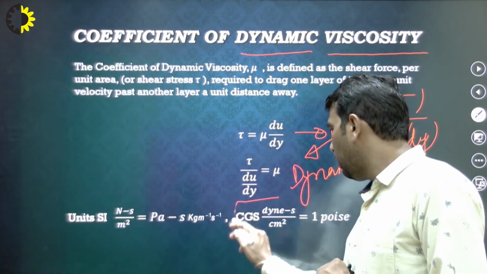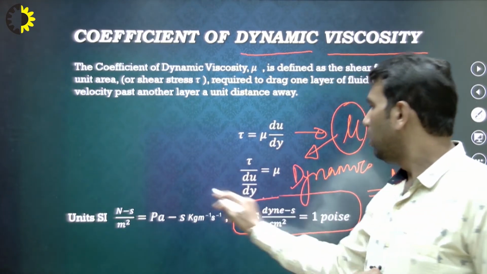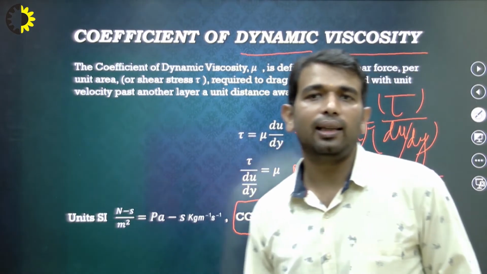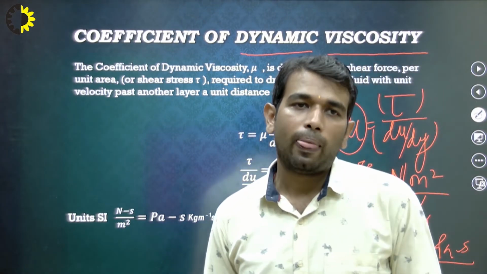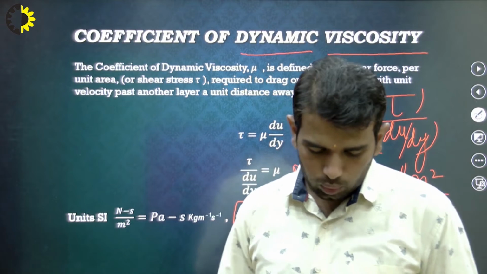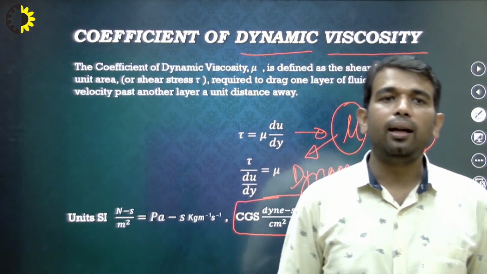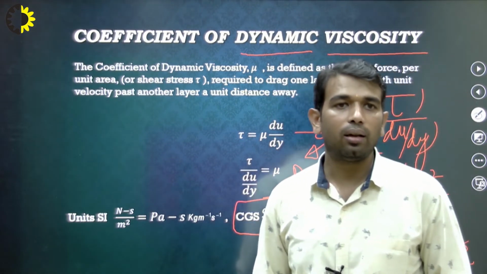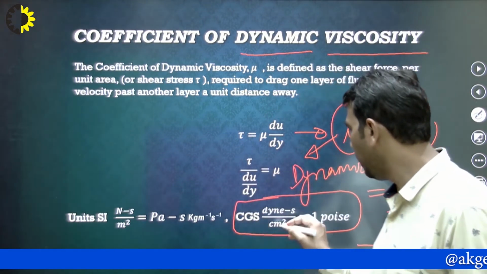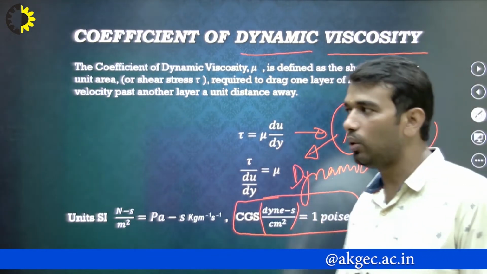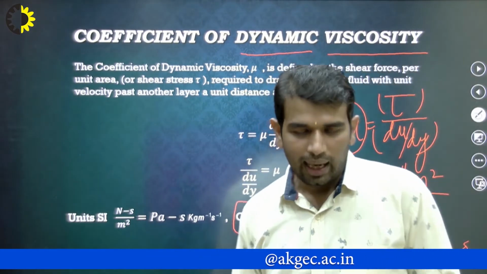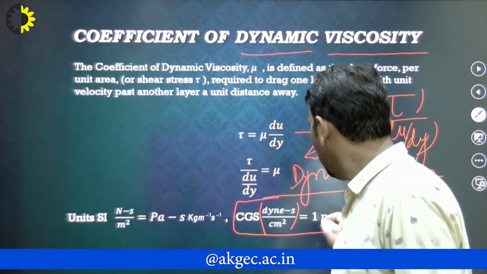Another unit of dynamic viscosity is in the CGS system. If you replace the Newton force with the dyne and the meter square with the centimeter square, the unit becomes dyne second per centimeter square, which is the CGS unit, and we also call it 1 poise.